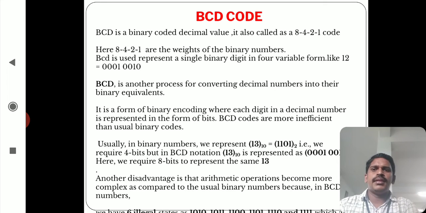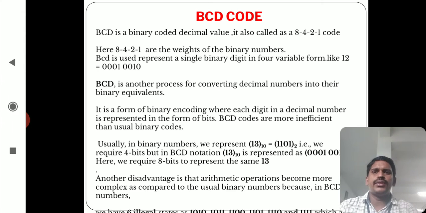Usually in binary numbers we represent, for example, let us look at another example. 13 is our decimal number, which we convert to BCD. First we convert the decimal value 13 to binary, that is 1101. This is the equivalent of 13, and we require 4 bits.